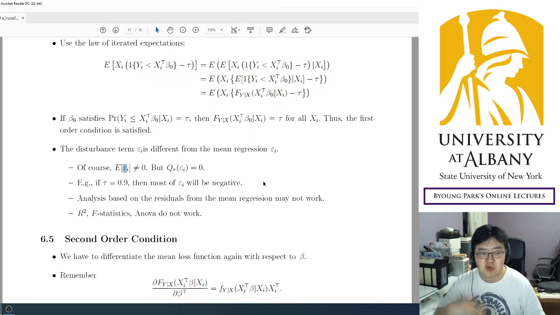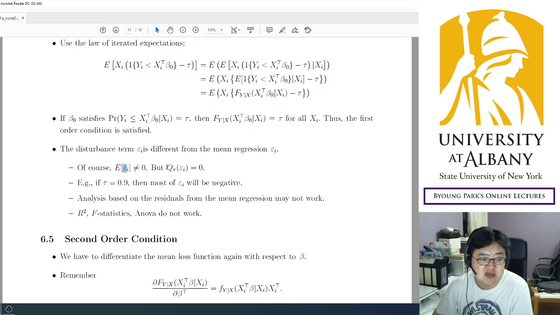So the location normalization for the error term is made by a quantile like this. The previous assumption, expected value of epsilon equals 0, is replaced by quantile of epsilon equals 0. So remember, the expected value of epsilon is not 0 in quantile regression.